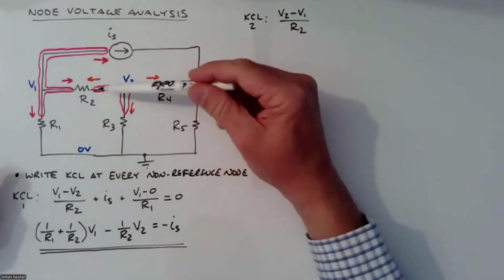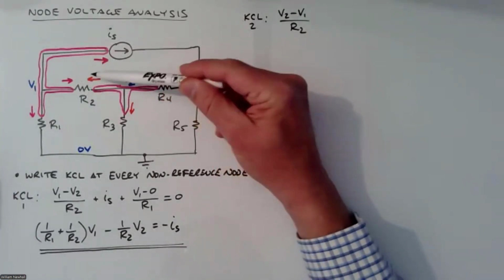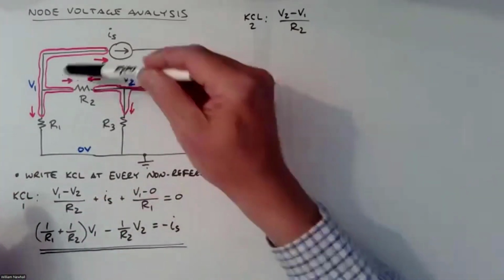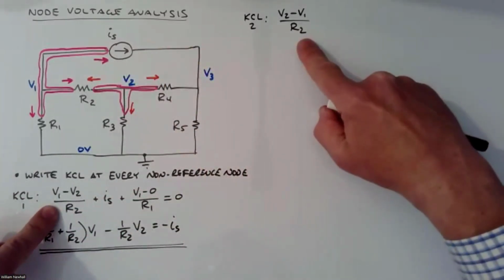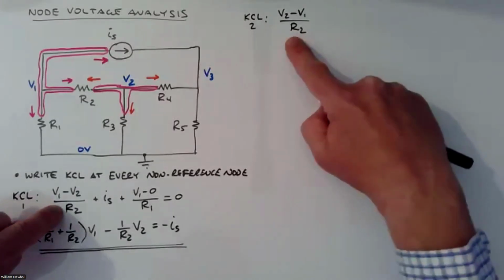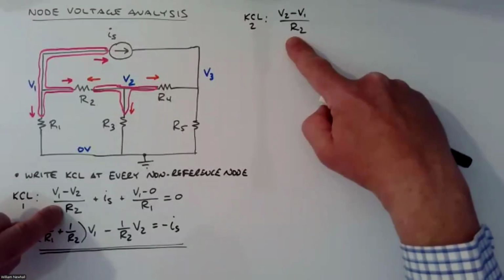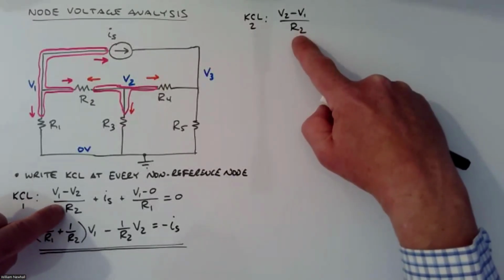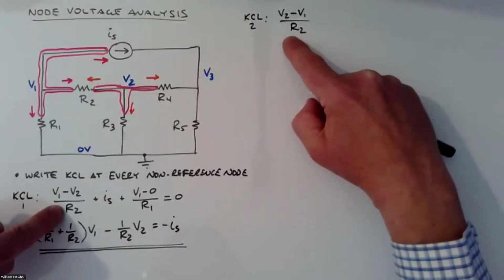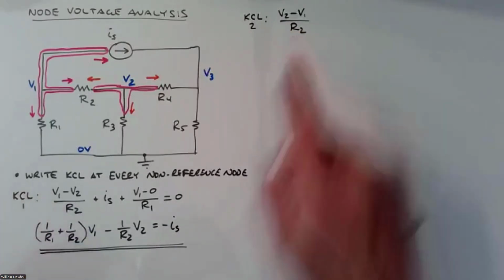And again, you say, well, wait a minute, you just assumed current was going left to right. Now you're assuming current's going right to left. Well, one of these is -1 times the other. Look at these two terms right here: V1 minus V2 over R2, V2 minus V1 over R2, right? This is the same current going in the opposite direction. So you multiply this in the upper right times -1, and you get this in the lower left.